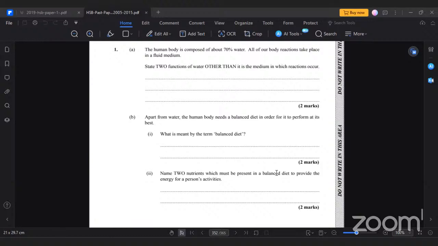Let's just run through the paper, somewhat of a preview, before we go into our other classes where I will be going through more past paper questions.